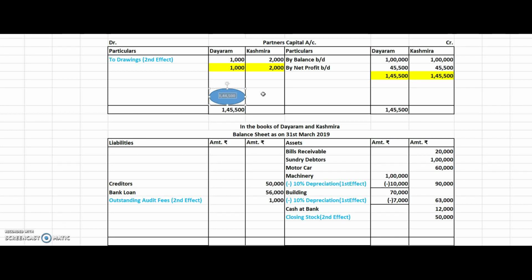145,500. We do the same process even for Kashmira. So her total is 145,500.